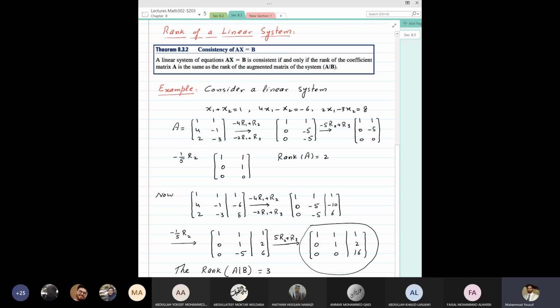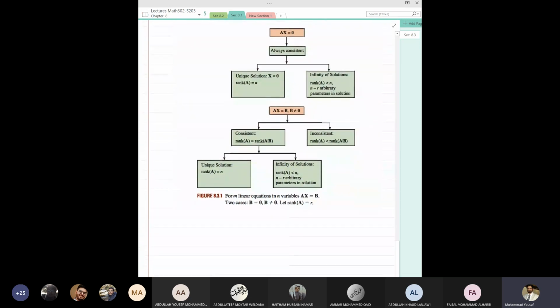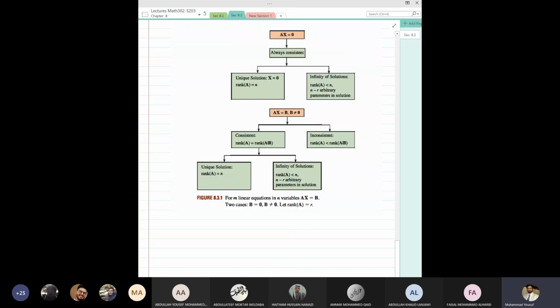So if they are equal, then there is a solution. If not, there is no solution. And you can see here there is no solution because the rank of A is not equal to the rank of the augmented matrix AB. Now, whatever we have learned before is now shown by this flow chart diagram.